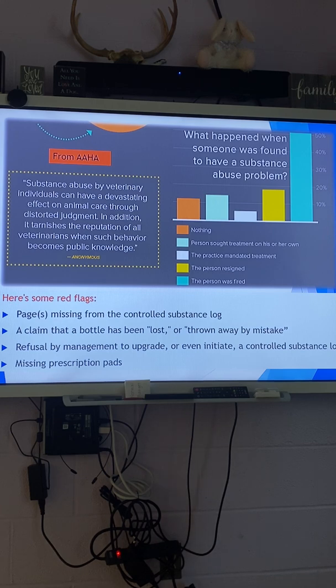Pages missing from those logs. That's fishy, okay? A claim that a bottle has been lost. How do you lose a bottle, right? Or, oops, I think I accidentally threw it away. Refusal by management to upgrade or even have a drug log.